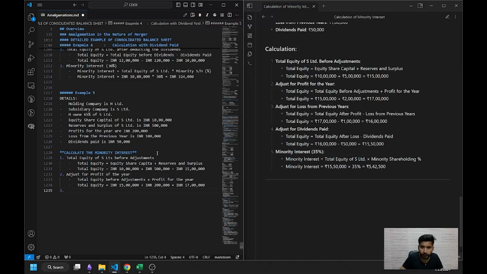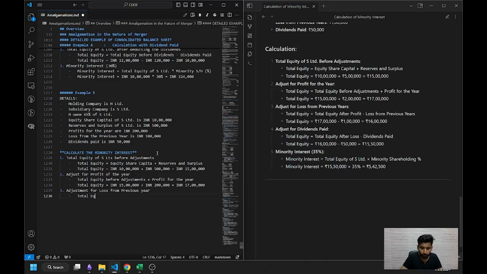Then third is the adjustment for loss from any previous year. Now in this we'll see if there is a loss in the previous year.